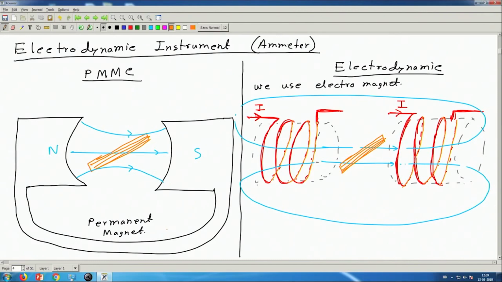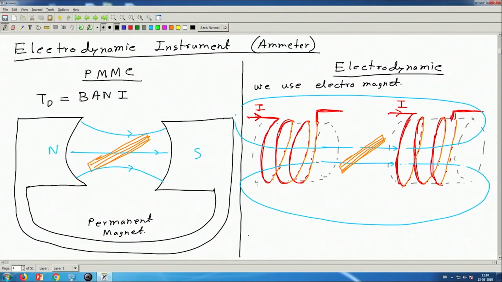Okay. And now, here we know that the deflecting torque T_d is equal to B A N times I, where I is the current through this coil. Okay. So, what will be the expression for torque here?